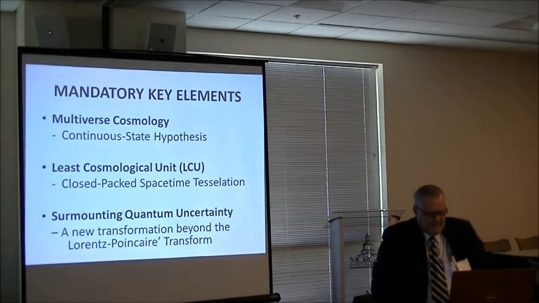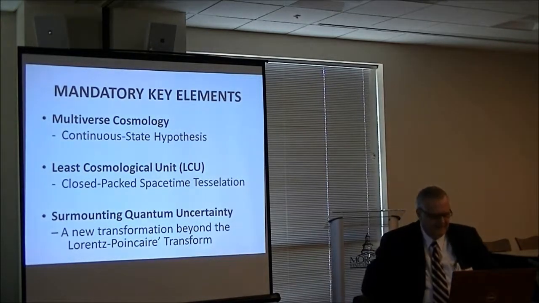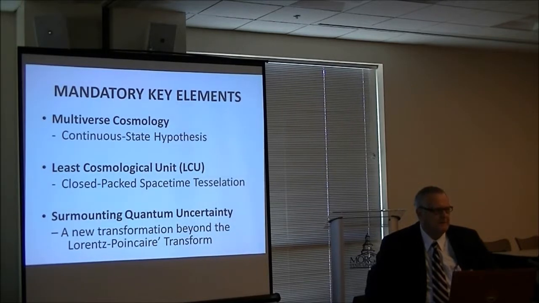As I mentioned a little before, we have to have this multiverse cosmology with the continuous state hypothesis, so we're not going to fully find these additional spectral lines in hydrogen. The least cosmological unit: there has been some work.